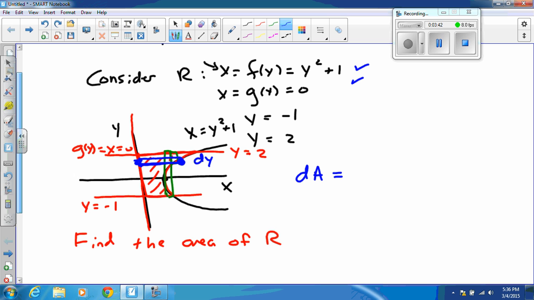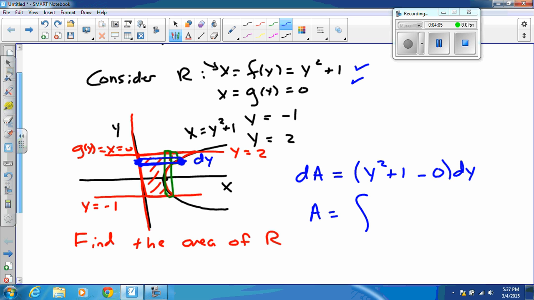So I can immediately write the area of my representative rectangle as the width of this rectangle, which is the distance from here to here, which is the right curve minus the left curve, times the height of my representative rectangle, which is dy.